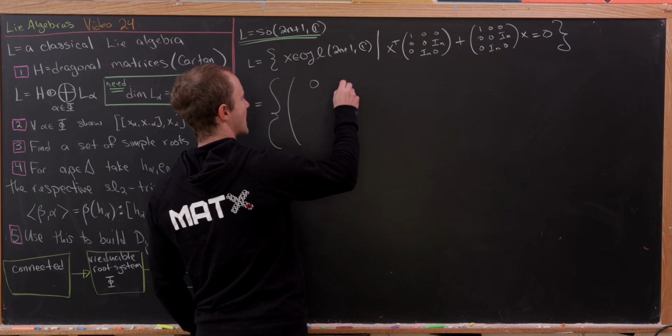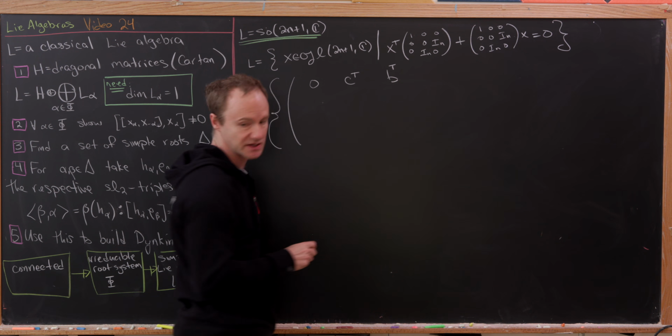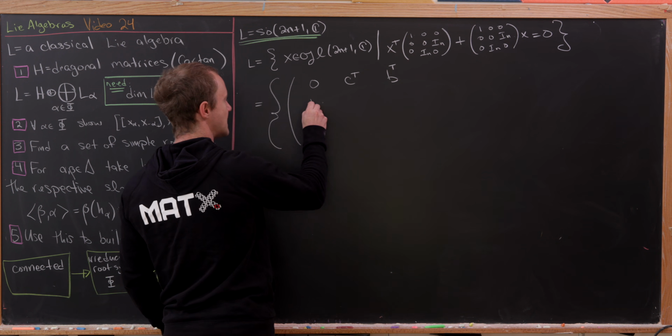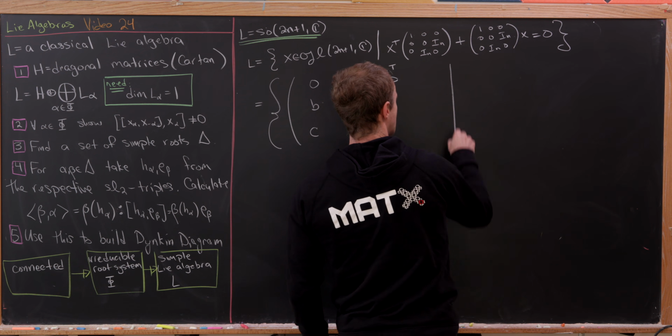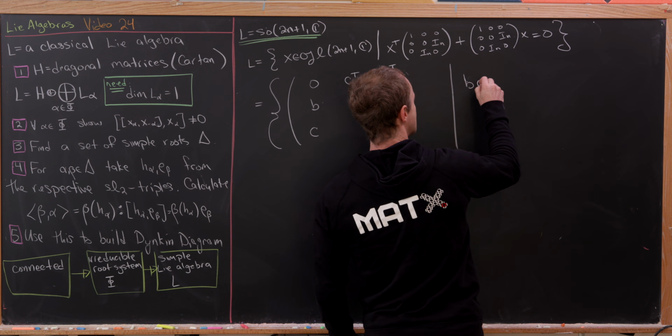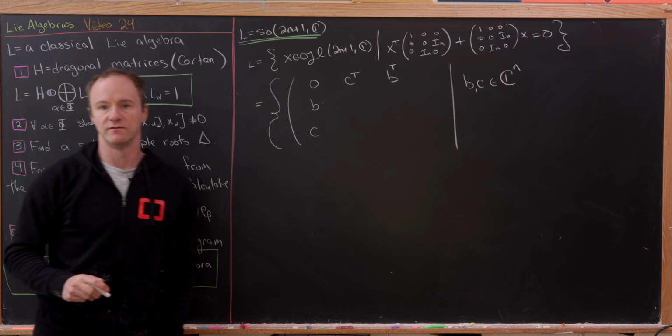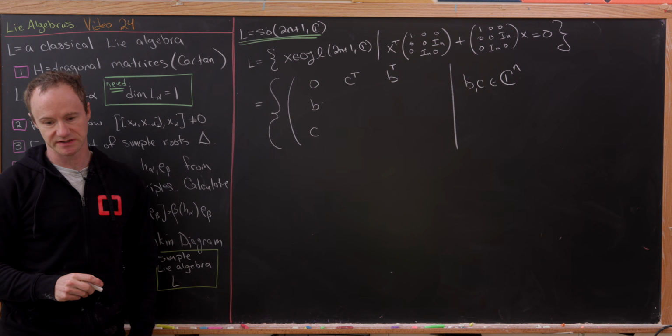We'll have a 0 right here. We'll have C transpose here, B transpose here. We'll have B here, and we'll have C here. And I'd like to point out that B and C, in this case, are both n-dimensional vectors with complex entries.